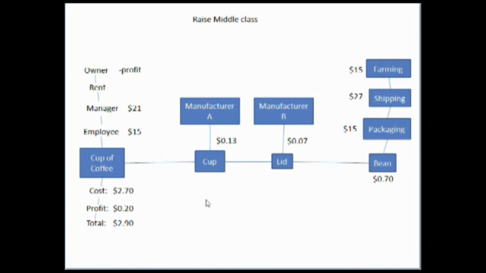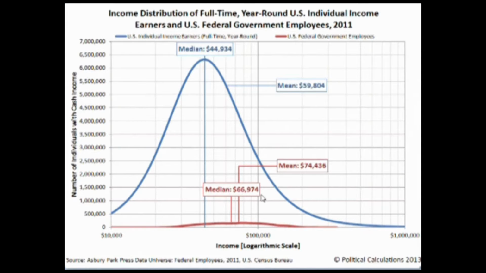So let's talk a little bit more specifically about the pay scale of the U.S. currently. This graph represents the median. The most amount of people in our country apparently make around $45K a year. And in our little scenario, we've increased the minimum wage.